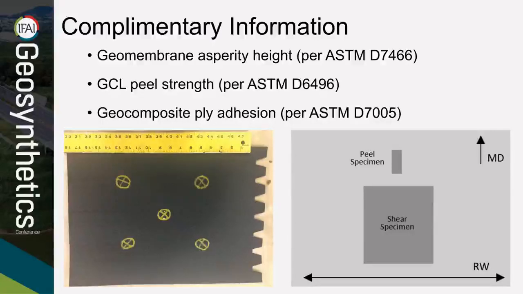These index tests can offer an understanding of the product's bond strength needed to prevent the shear failure plane happening in the internal reinforcement of the GCL or the bond between the geocomposite's geonet and geotextile instead of at the interface. For GCL peel strength and geocomposite ply adhesion, it is recommended that the test specimens be taken adjacent and in line in the machine direction to the shear specimen.